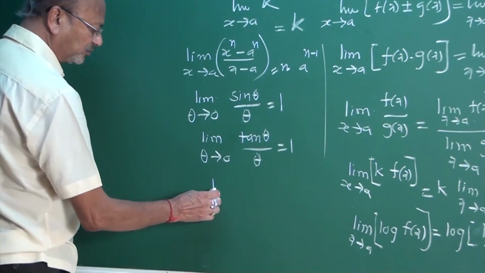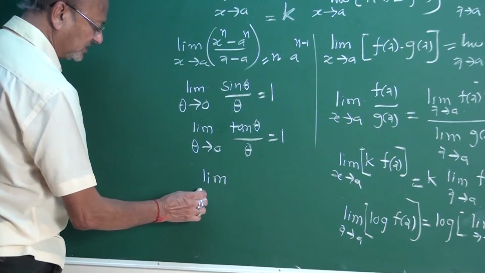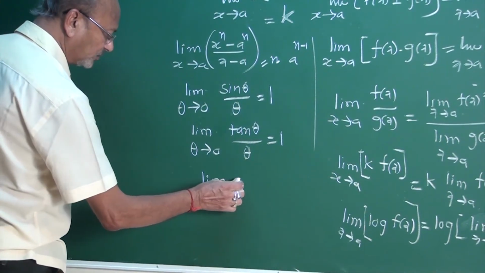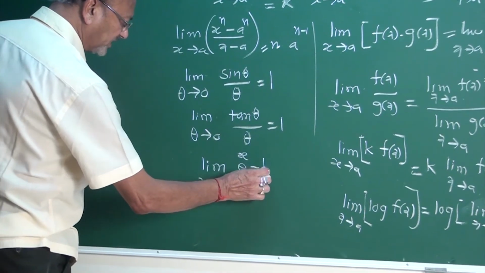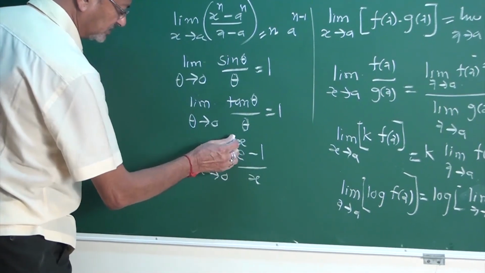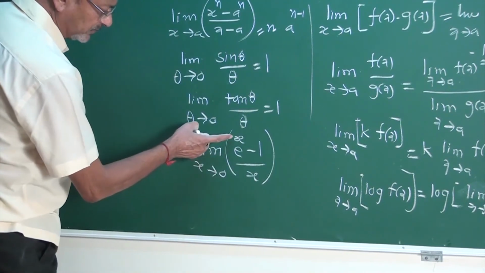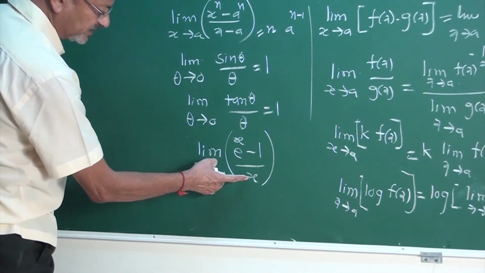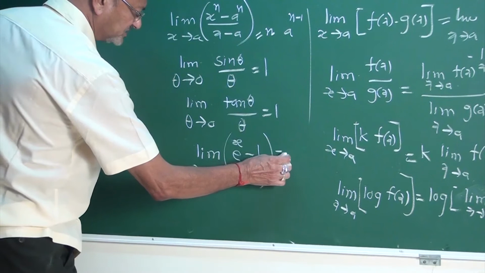This is on exponential functions, my friends. Limit as x tends to 0 of e to the power x minus 1 upon x. See, here the power must be the same as the denominator as x tends to 0. It is also 1.